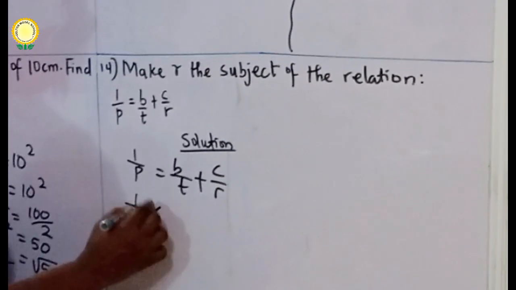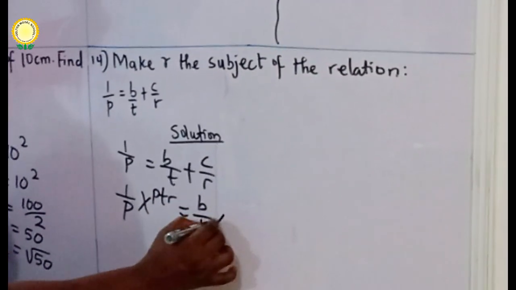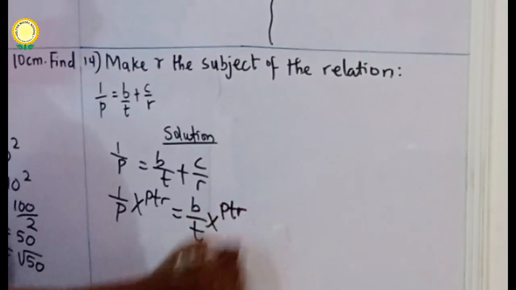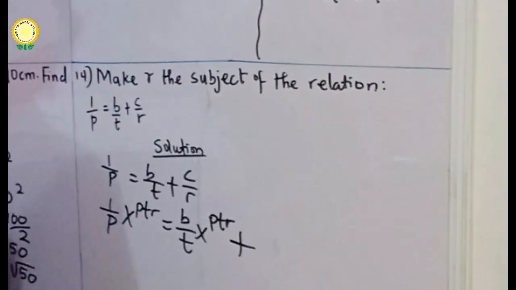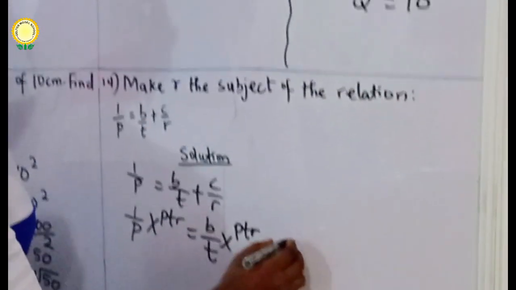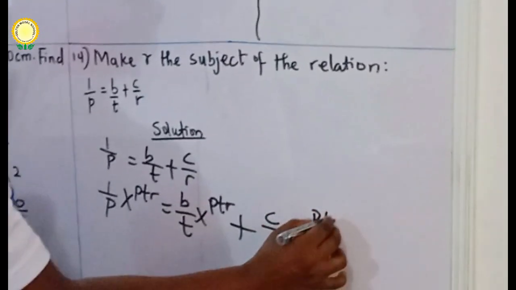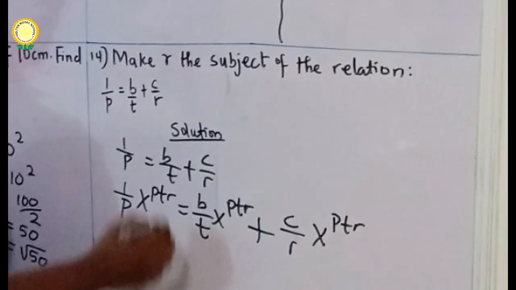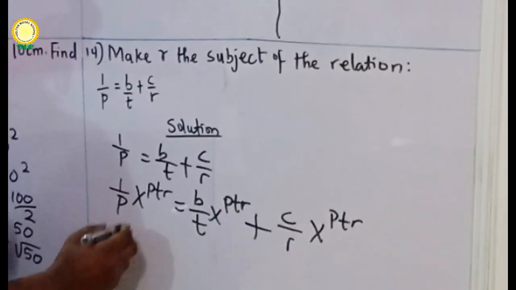That will be 1 over P times PTR equals B over T times PTR, where PTR is a common multiple, not necessarily lowest. Okay? So we are multiplying through by the common multiple. The common multiple is PTR. You can always use your common multiple to simplify your fractions.